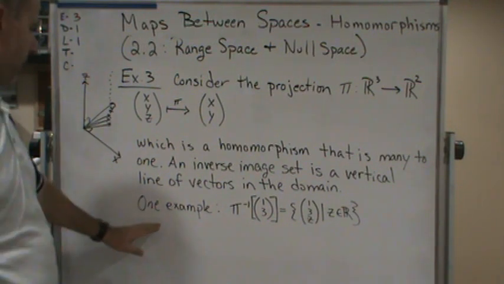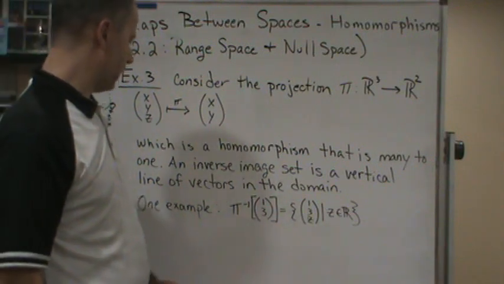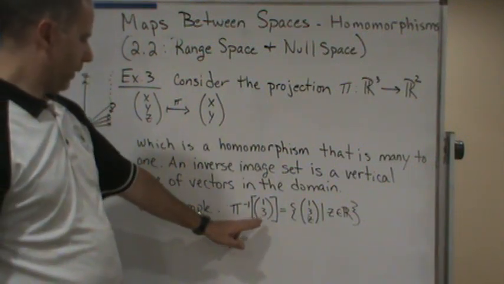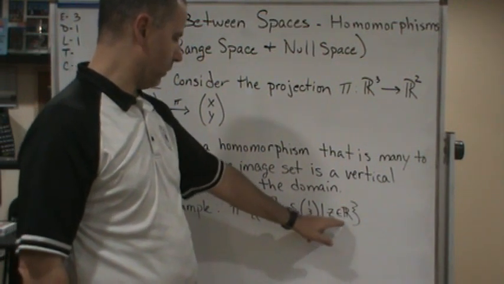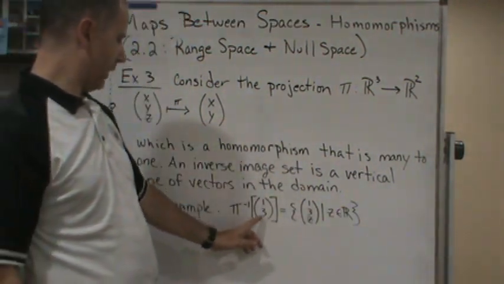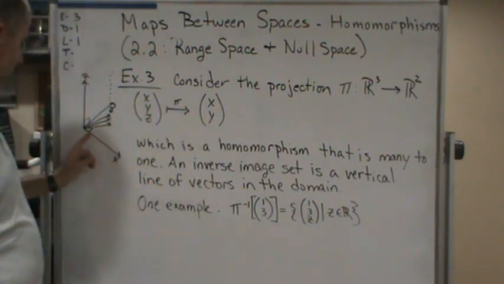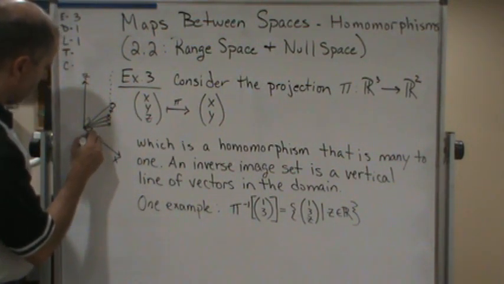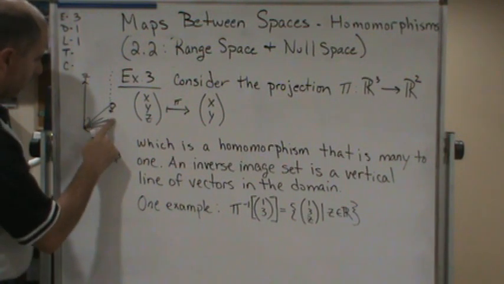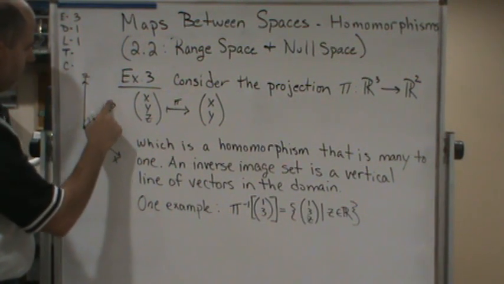So one example of showing an inverse image is to look at this, where we have (1, 3) and we go to (1, 3, z), where z is a real number. So we're starting at (1, 3).